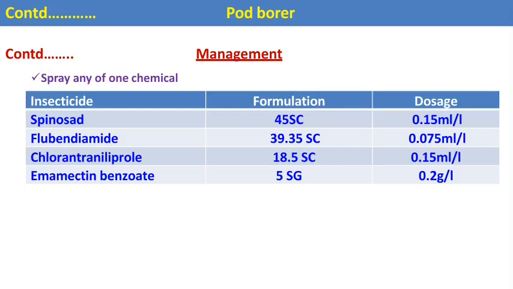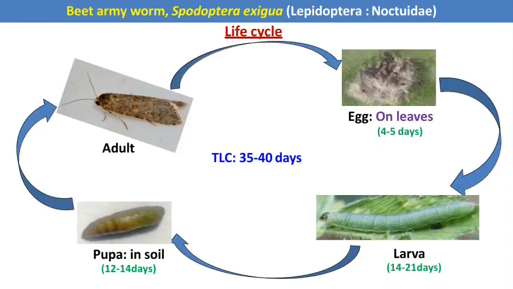Then these are some of the recommended insecticides which we can use to control Helicoverpa armigera in nearly all crops: spinosad, flubendiamide, chlorantraniliprole, emamectin benzoate. We can spray these chemicals at the recommended dose at a regular interval.